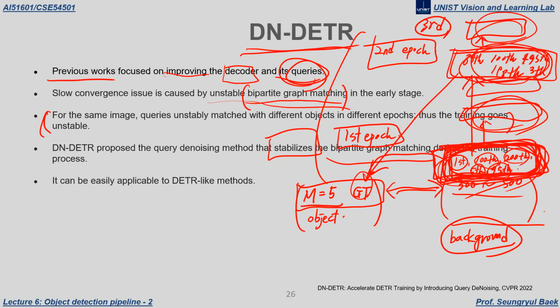So they can fluctuate during the early stage of the training, right? But by supplying some noised ground truth as the input, as additional queries, somehow the transformers are seeing the ground truth value, right? They are noised, but still have some values close to the ground truth, okay? Because of that, the training becomes stabilized, okay?